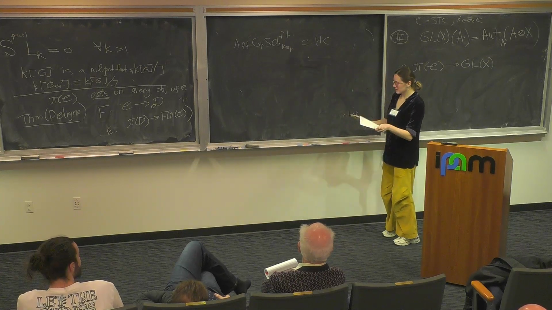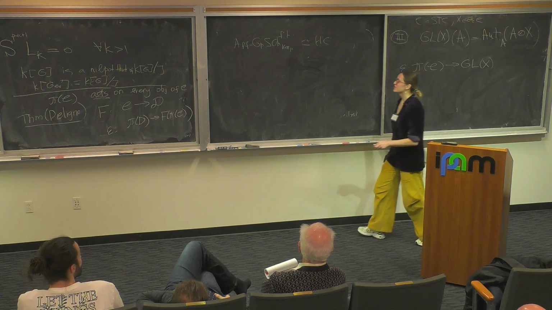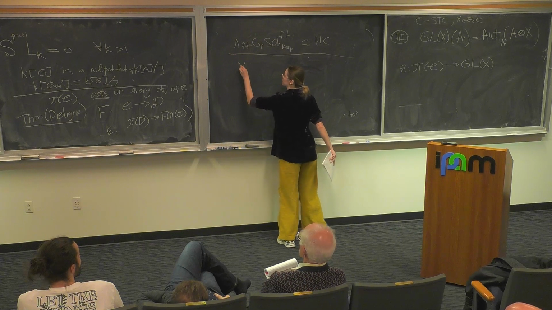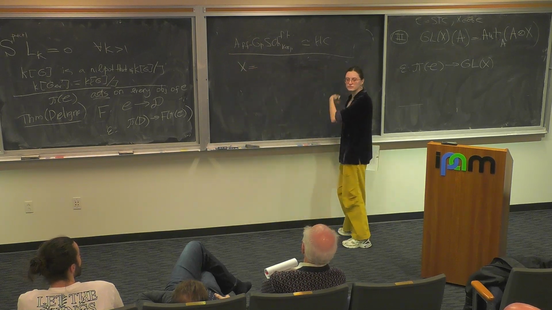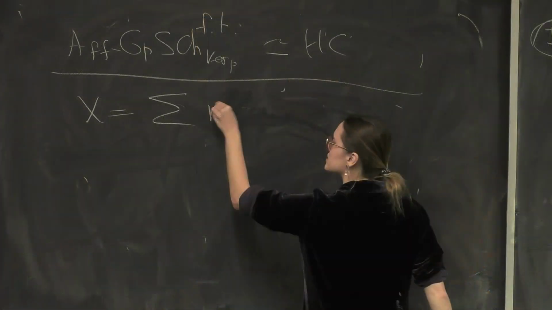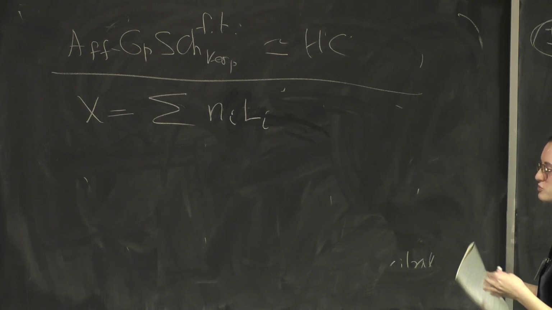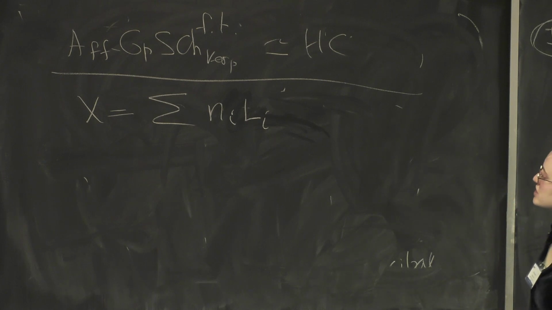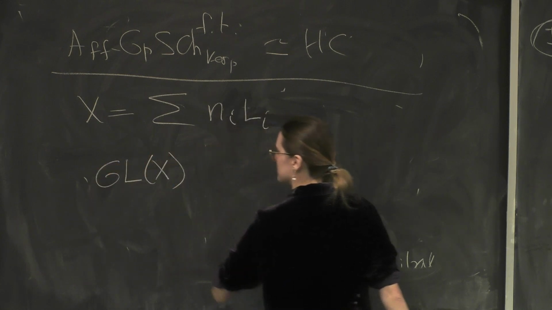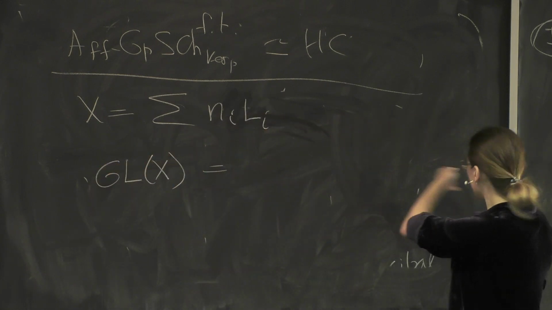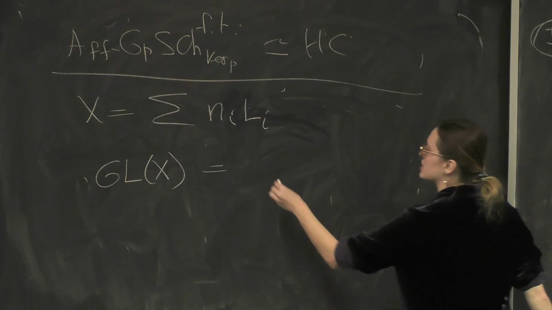Okay. So what is then GL of things? We start with some object X in Verlinde P, and let me choose some decomposition of X into the sum of irreducibles, together with some ordering of those irreducibles. That's important. So for GL of X, we already defined what it is in terms of functor of points, but let's define it in terms of Harish-Chandra pairs.